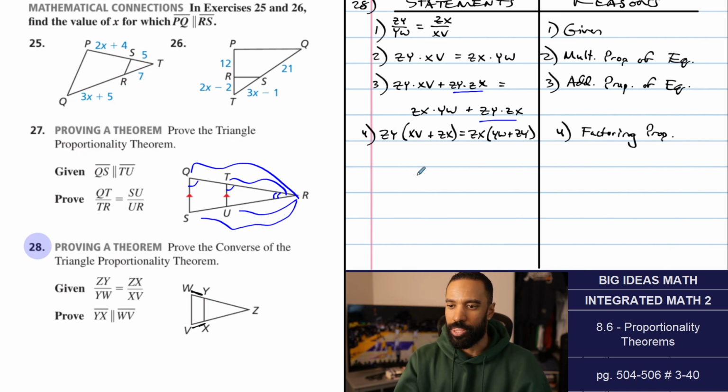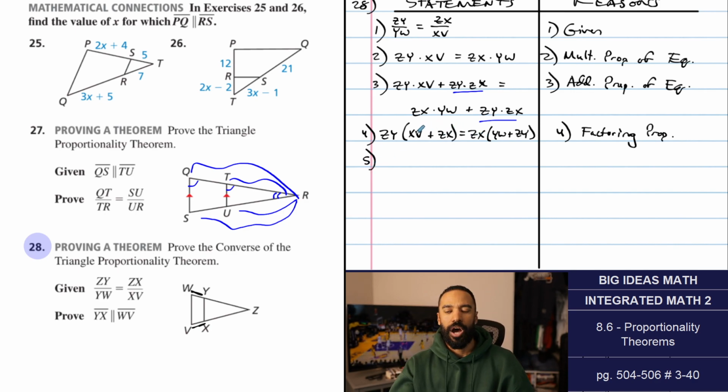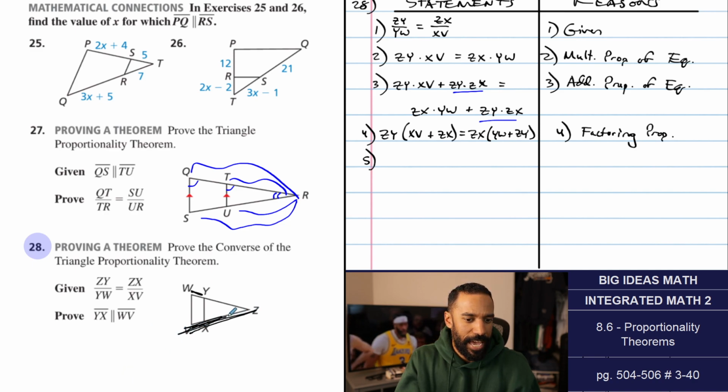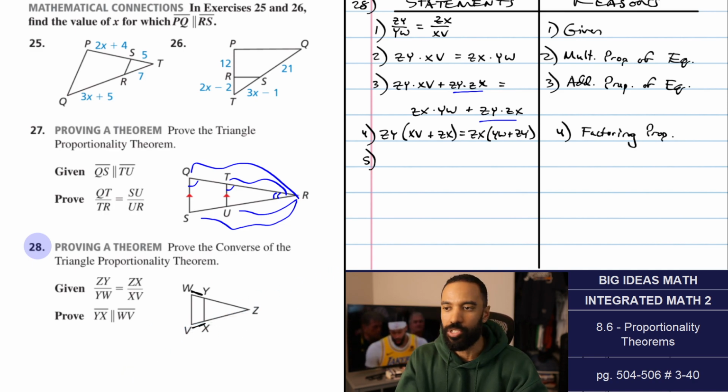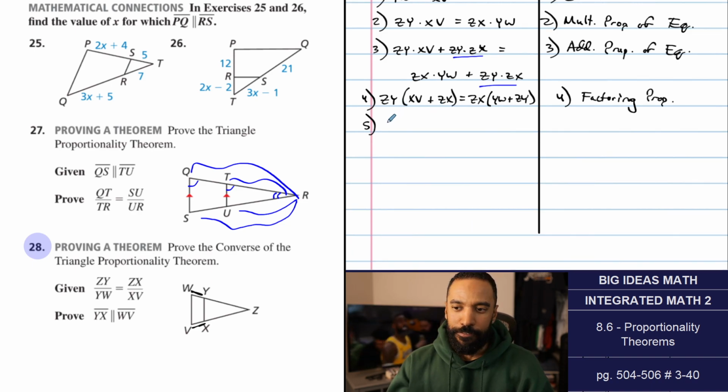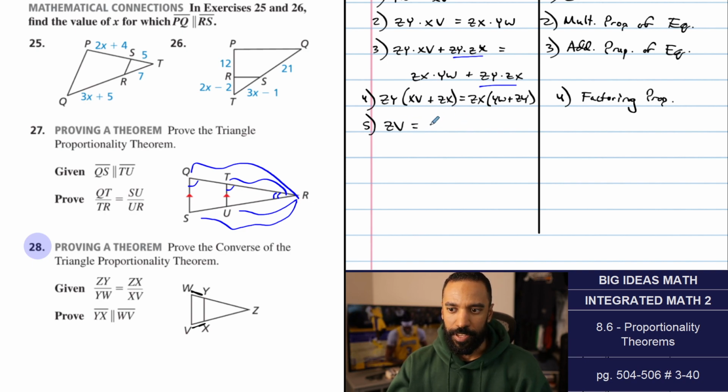So there's that. Now from here, didn't this come from a cross multiplication? Oh, XV plus ZX, where is that? XV plus ZX is this entire thing right here. So let's do a substitution. ZV, which way do they go? They go from Z to whatever. So I'll say ZV. ZV is XV plus ZX.